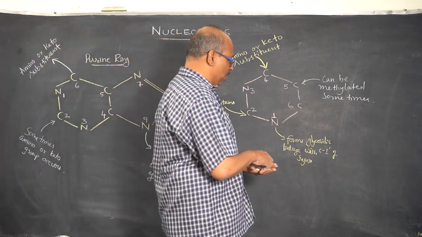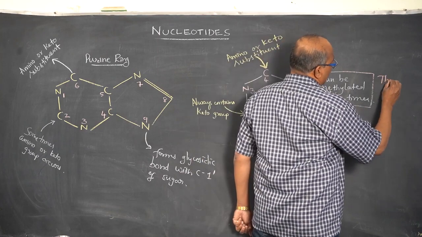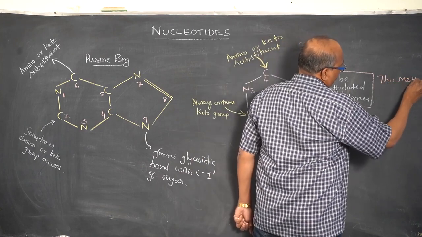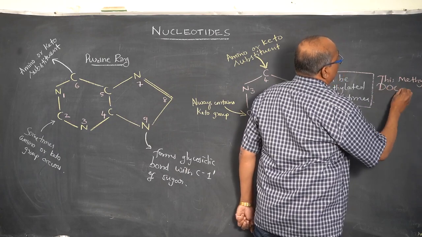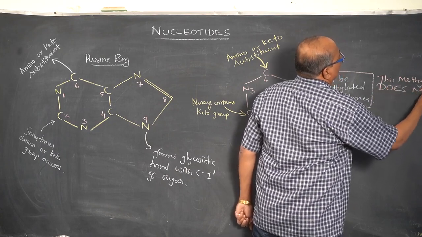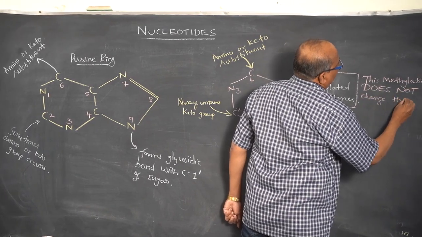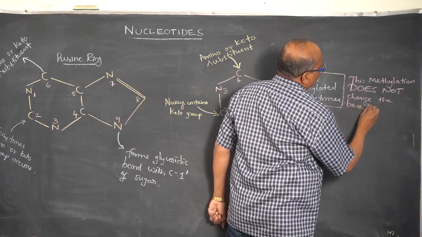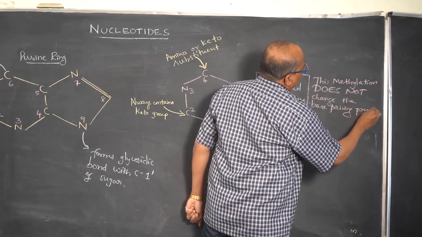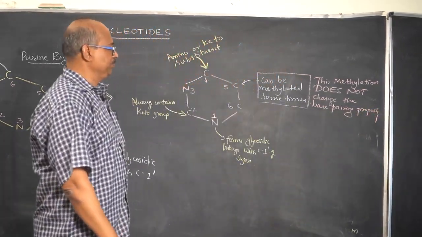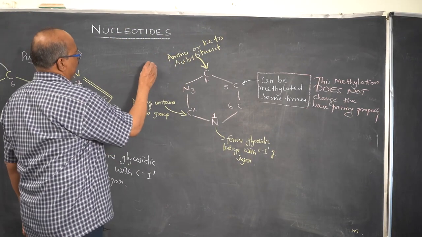Now the important thing that you have to remember here is this methylation does not change the base pairing property. So you get the same base pairing property. So that's in terms of the purine ring and the pyrimidine ring.